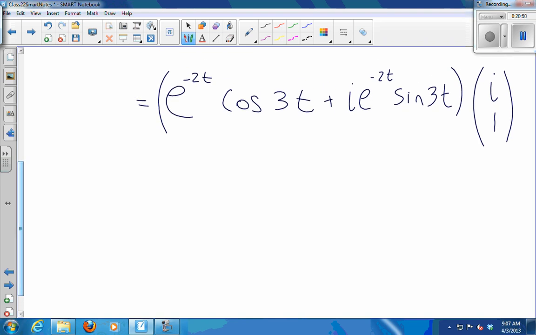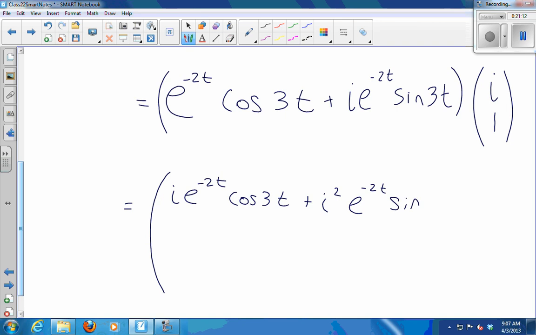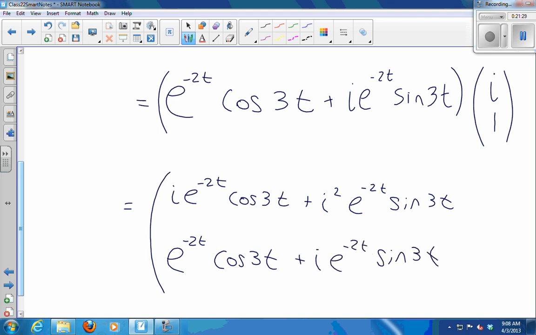So this whole big thing gets multiplied times each component of the vector. So this is going to become one big vector: i e to the negative 2t cosine 3t plus i squared e to the negative 2t sine 3t. And then the next part is just times 1, so it stays the same: e to the negative 2t cosine 3t plus i e to the negative 2t sine 3t.